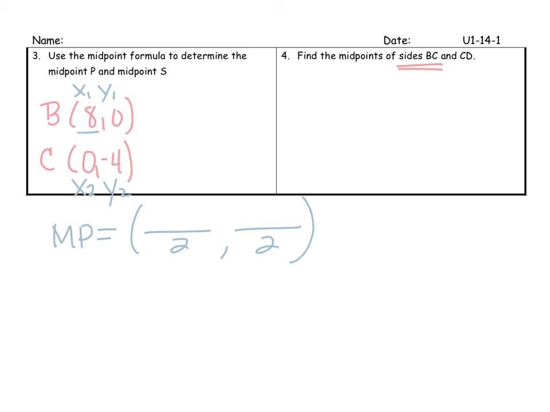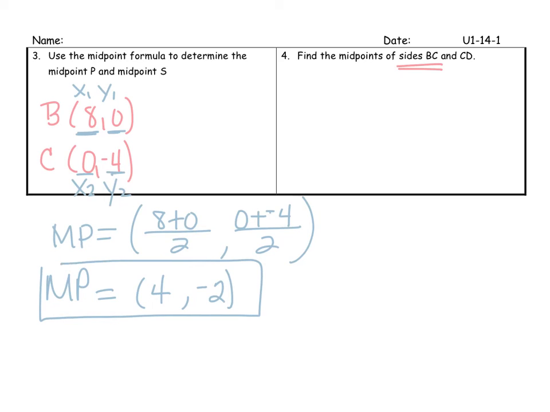My x values are 8 and 0, so 8 plus 0. My y values are 0 and negative 4, 0 plus negative 4. When we simplify, 8 plus 0 divided by 2 is 4, and 0 plus negative 4 divided by 2 is negative 2. So this is the midpoint of side BC.